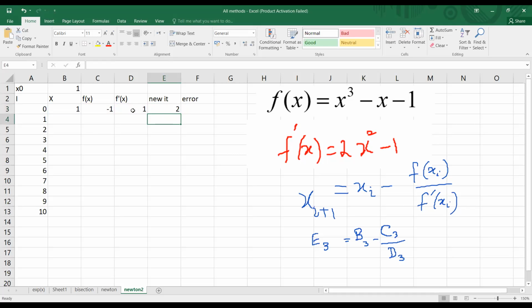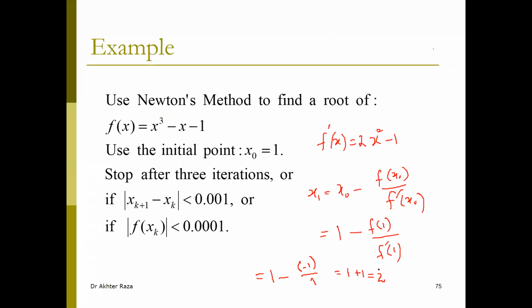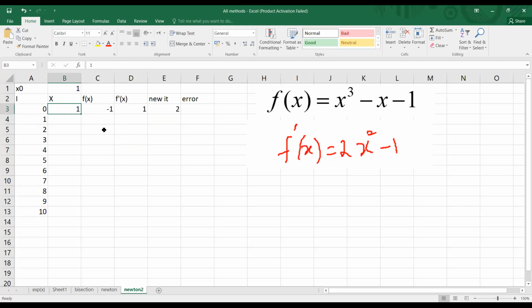The answer is 2. As I told you in the presentation, I manually calculated that answer, and it was 2. So you can see the answer that I calculated manually is the same. I'm showing the remaining iterations in Excel in a simple way. Nothing you have to do.